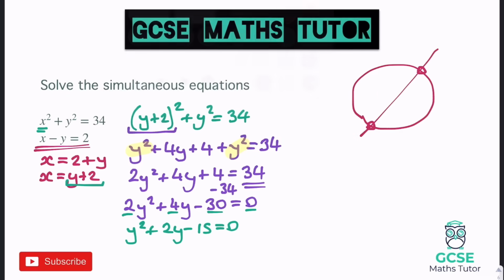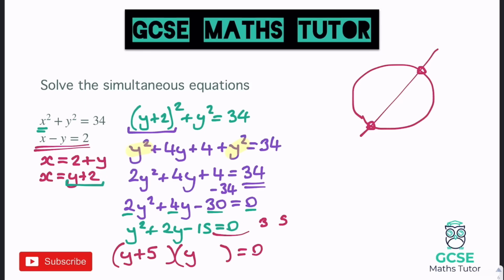Both brackets are going to have a y in, and we're thinking what numbers multiply to make 15. We've got 3 and 5, or 1 and 15. I've already spotted it's 3 and 5. And in order to make 2, we need plus 5 minus 3, and that's going to give us positive 2 in the middle.